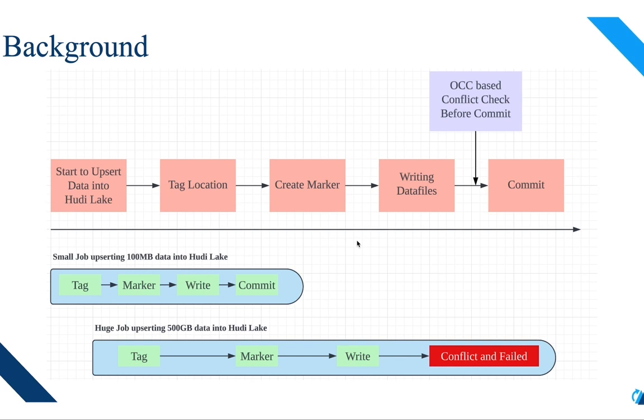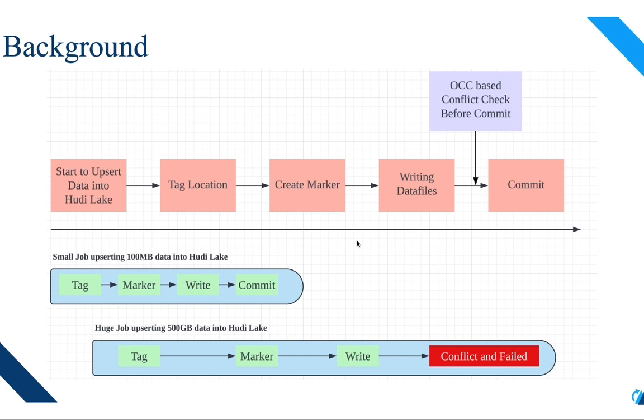So for example, now there are 2 writing jobs. There is a small job which will upsert 100 megabytes of data into the Hudi lake and tries to update file group 1. And there's another huge job which will try to upsert 5 gigabytes of data into the same Hudi table. It will also try to update the same file group 1.